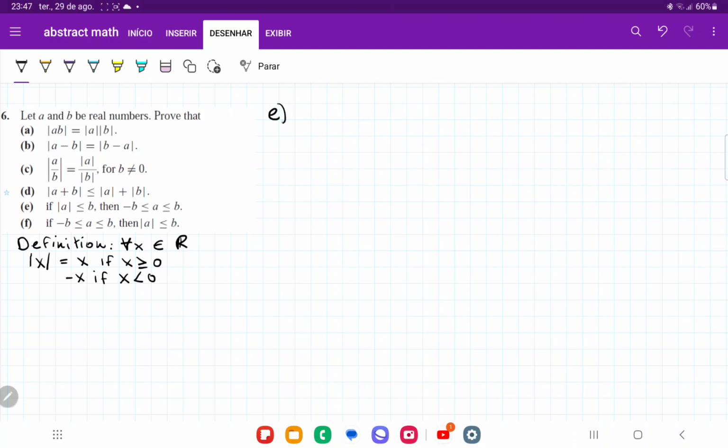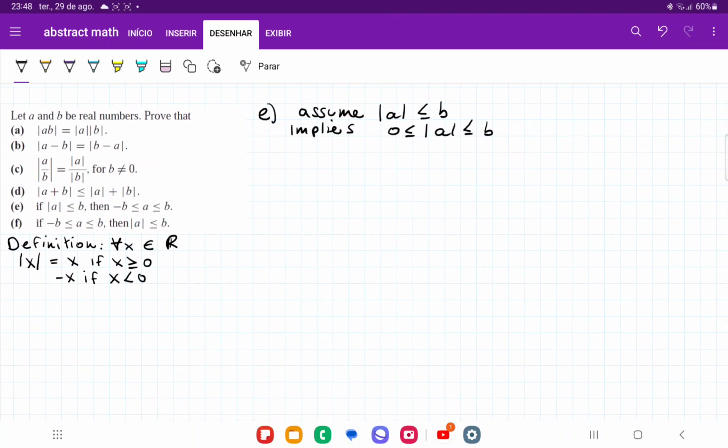So for item E, we're going to assume that the absolute value of A is less than or equal to B. So because the absolute value can't be negative, this implies that 0 is less than or equal to the absolute value of A, which is less than or equal to B, just because the definition of absolute value doesn't let it be negative.